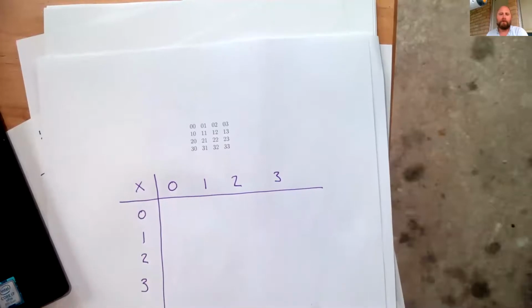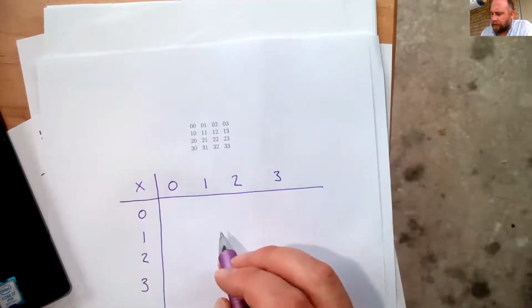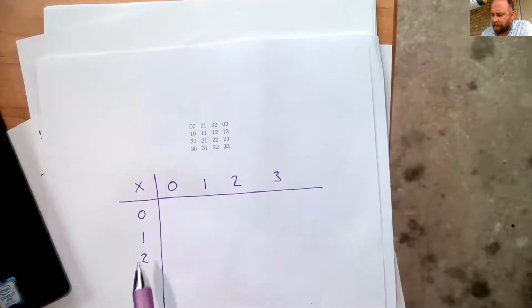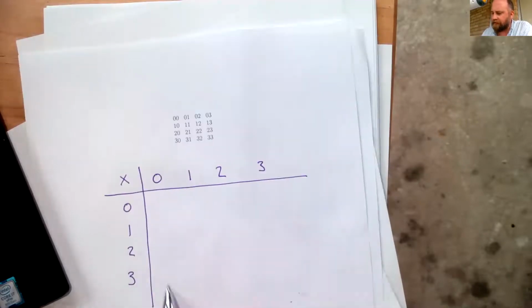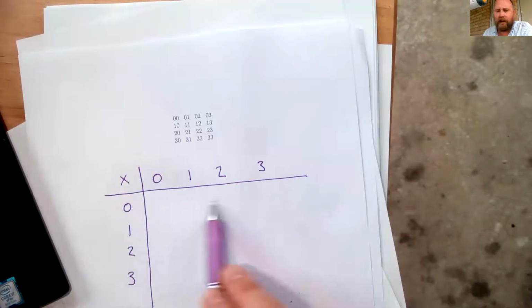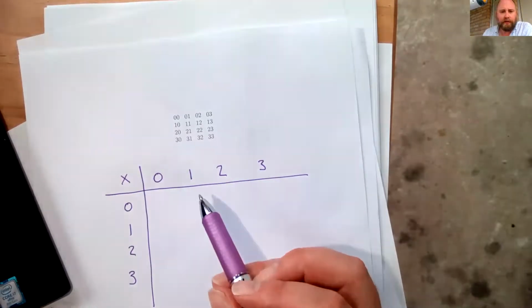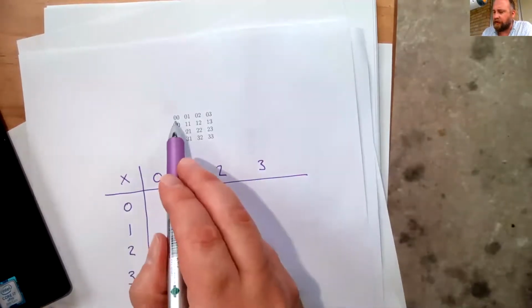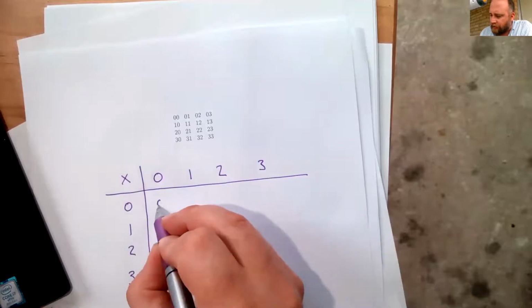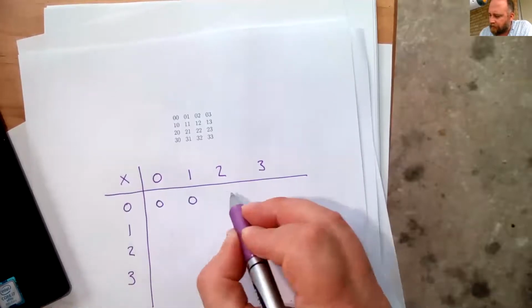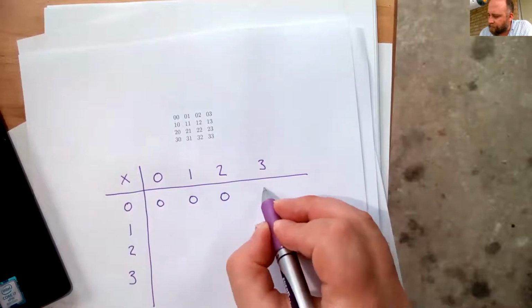And I'm including a row and column for 0, which is perhaps unusual. So what are all the multiples? The easiest way to fill this out is simply row by row counting multiples. What are all the multiples of 0? Well, they're all 0, because anything times 0 is 0.